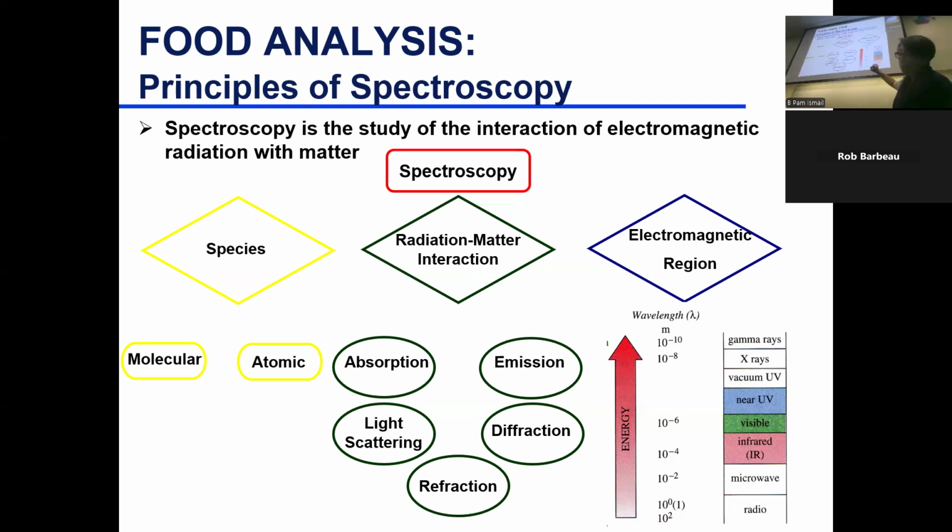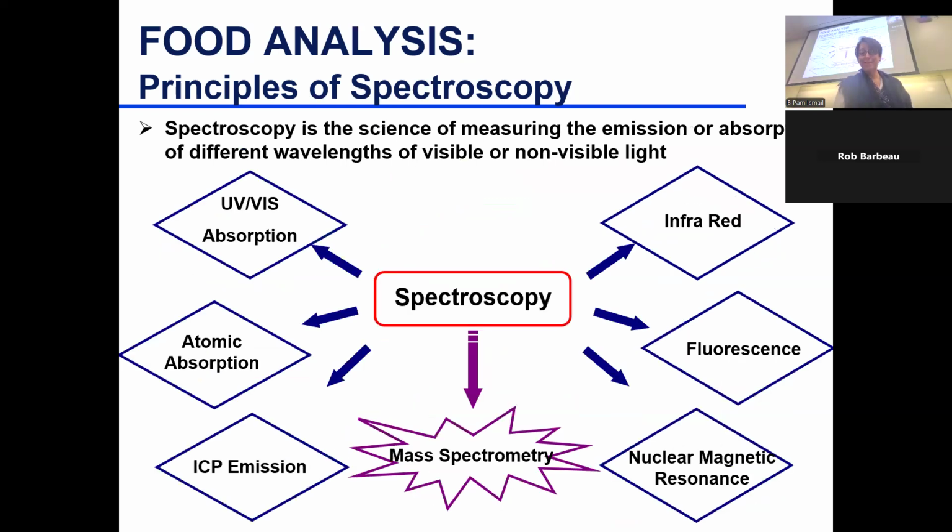I will demonstrate that in a little bit. The region that is in blue, green, and red is the region relevant to food analysis. So absorption and emission happens in near UV and visible. Absorption also happens in the infrared, but there's no emission in infrared. Okay. Good so far.